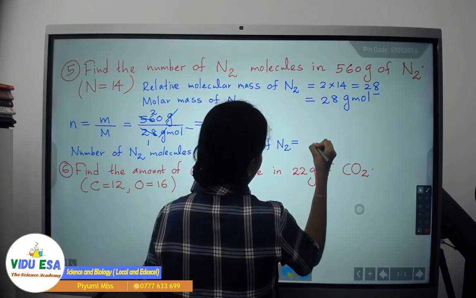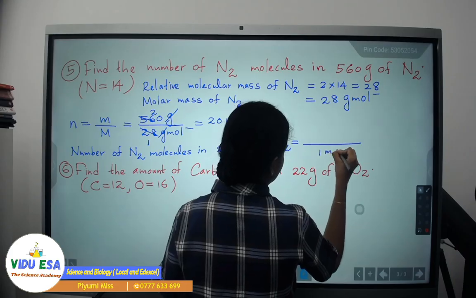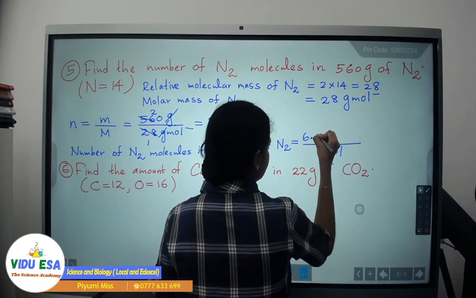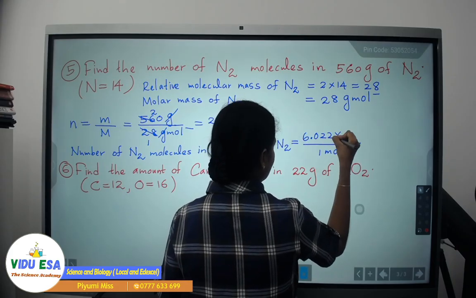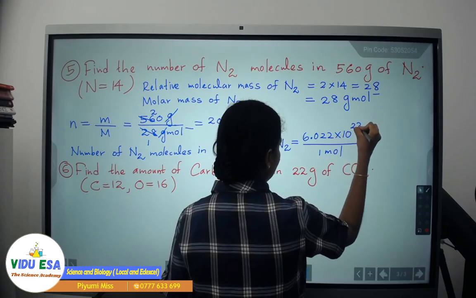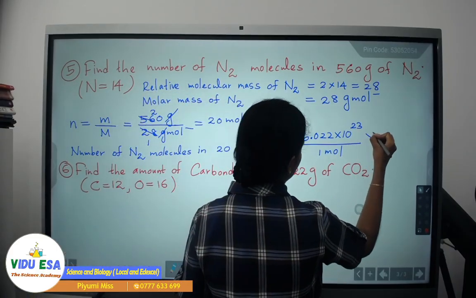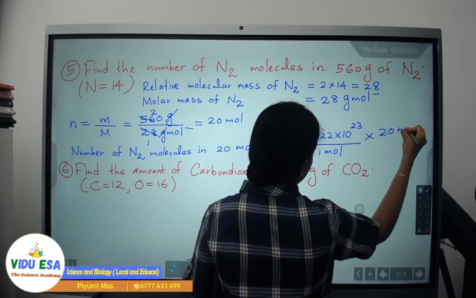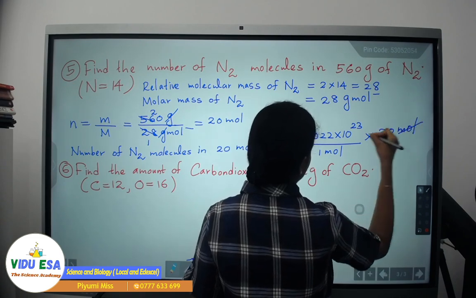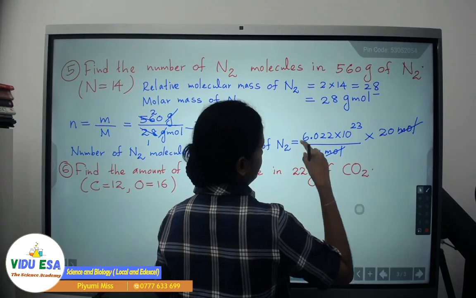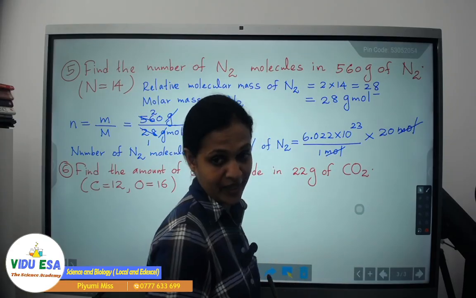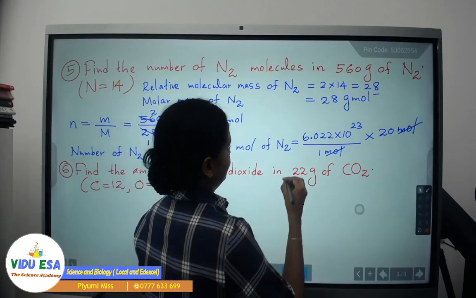I know in 1 mole, 6.022 into 10 to the power 23 number of molecules are there. Therefore, what about 20 moles? Then Avogadro constant multiplied by 20. Right?